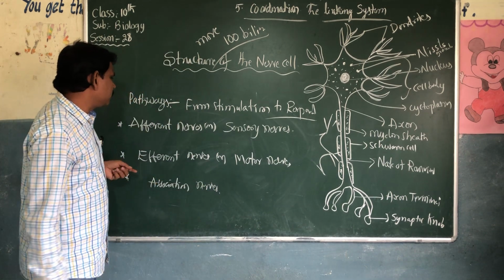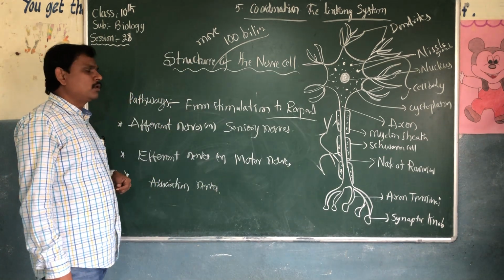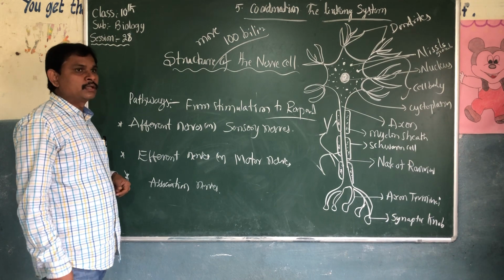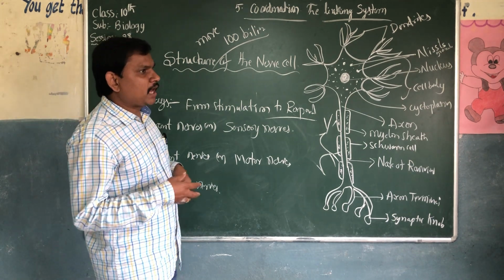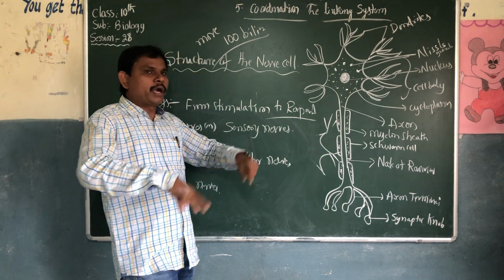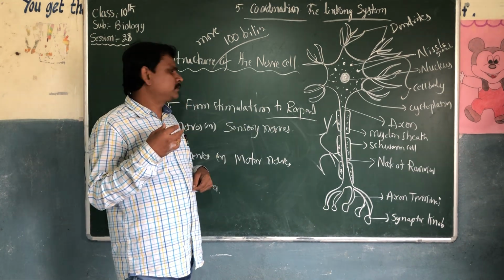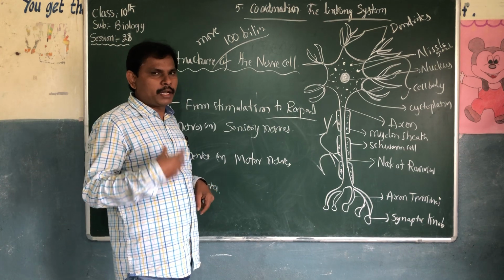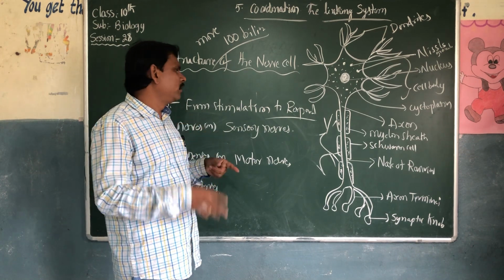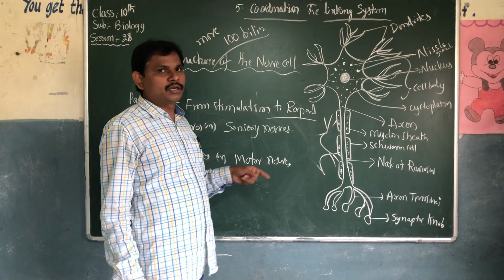So efferent nerves, also called motor nerves, carry messages from the brain to the body parts, away from the brain, unlike sensory nerves.